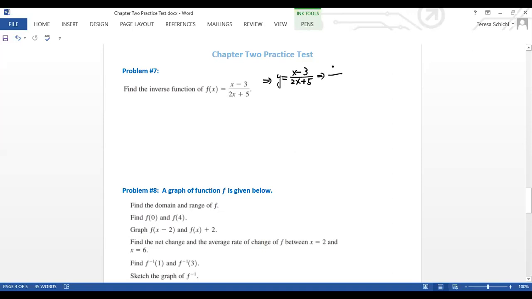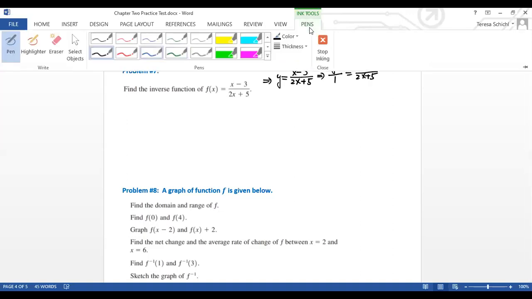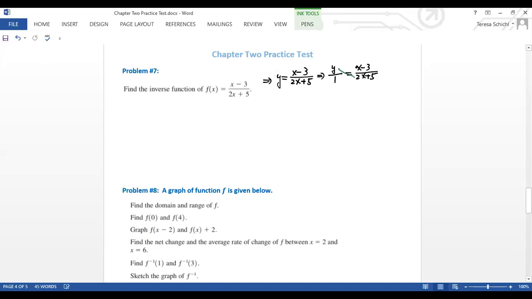Then you can say y over 1 equals (x minus 3) over (2x plus 5). Then what can you do? You can do the cross product. So that will give you y times (2x plus 5) equal to x minus 3.